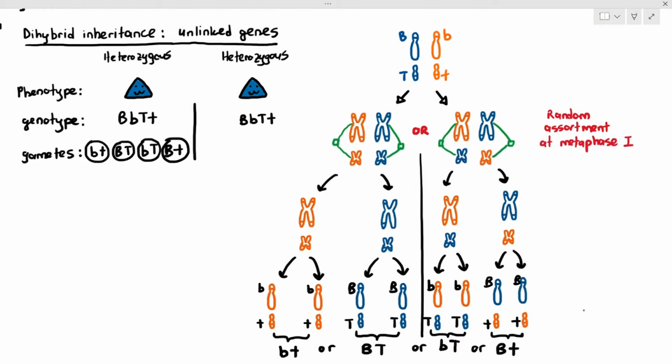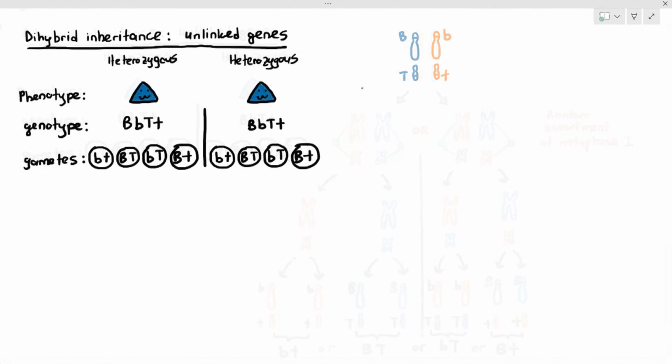Each gamete has a 25% chance of being produced. The proportion of these gametes are almost equal. And of course, the organism on the right is also able to produce those 4 types of gametes as well.